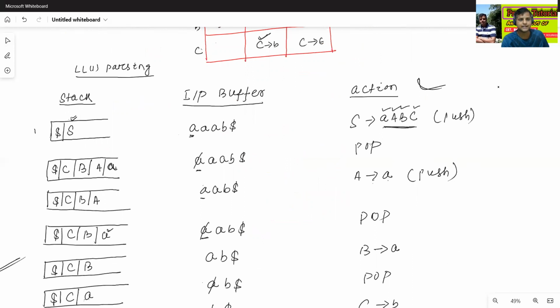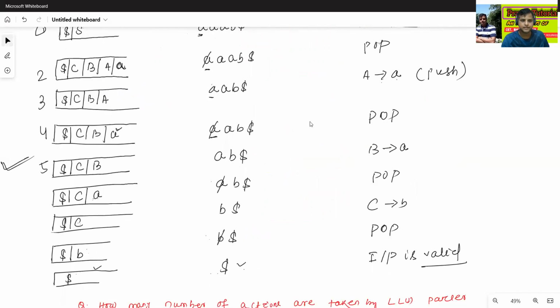This is the first action, second, third, 4, 5, 6, 7, 8, 9. So here total action equal to 9 actions.